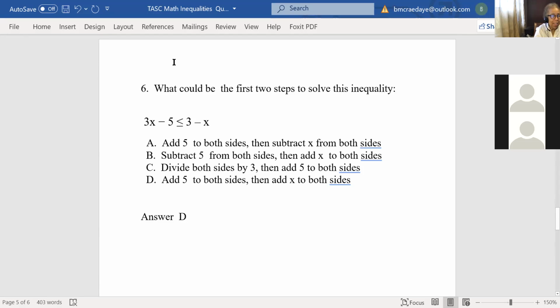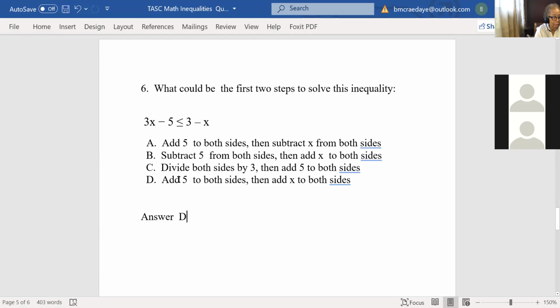Like I said, you can eliminate answers by looking at what's going on in the inequality. It's a subtraction, so the opposite is addition. So you know you'll have to add. Anything that doesn't say add, you can eliminate. So Vanessa eliminated B and C. But notice, Vanessa, when you said A has a subtraction in it, that still makes it not an answer, right?